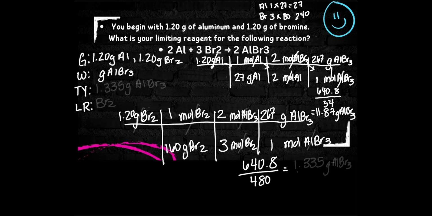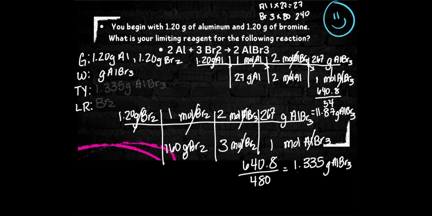Then we divide 640.8 by 480, and it gives us 1.335. With your units, you cancel out and you're left with grams of AlBr3.